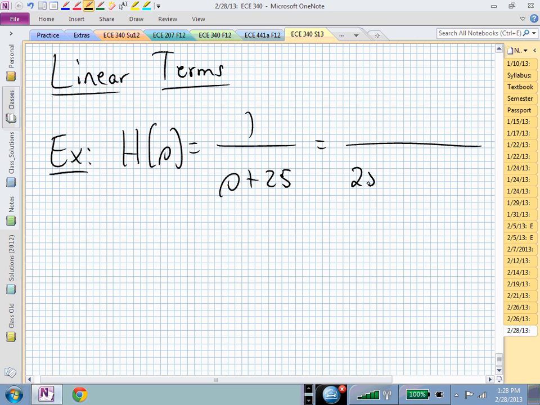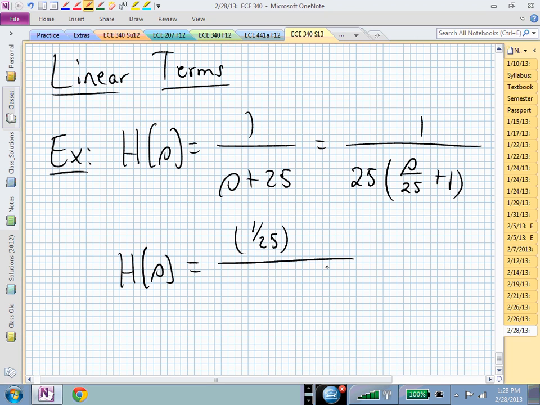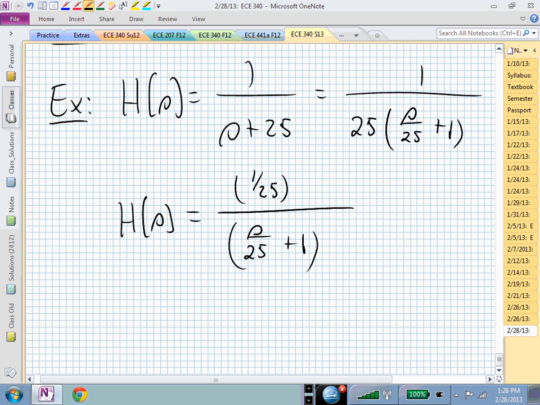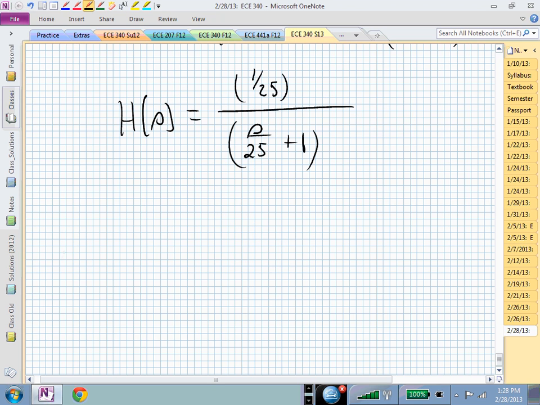Well, let's now put this in pole-zero form. Let's put it in time constant form by factoring that pole value out. And now we could write this H(s) equivalently as some constant, 1 over 25, times 1 over s over 25 plus 1. And what I'm going to do then is describe this H(s) in the following way.